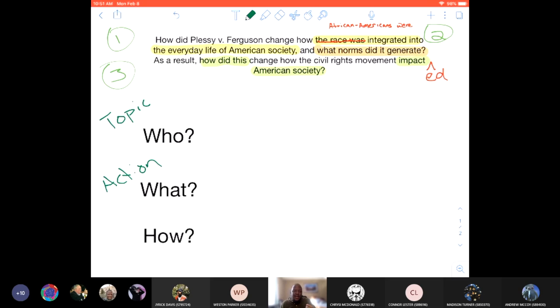It's the same with where, right? If you say Plessy v. Ferguson and you're talking about American society, you don't actually need to say where, because it's clear in what you're saying.